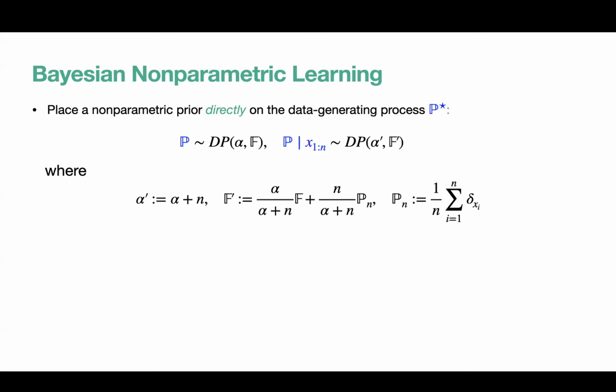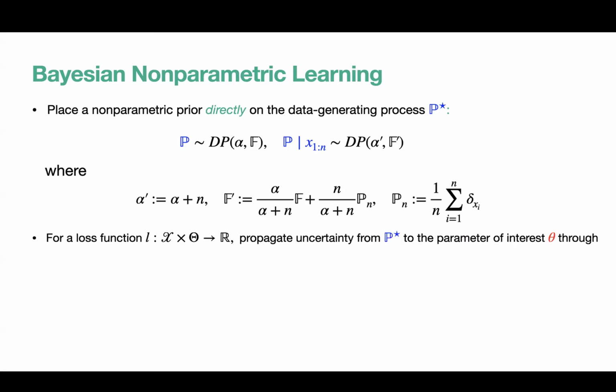The nice thing about Dirichlet processes, apart from the fact that these two parameters are pretty interpretable, is that you get a really nice conjugate posterior. So now the posterior of P star conditioned on the data I have observed will be centered on this f prime, which is just a linear combination of my prior and my empirical measure. Of course, if alpha equals 0, then we have this non-informative prior, whereas if alpha goes to infinity, then I only trust the prior and I don't put any weight on my data.